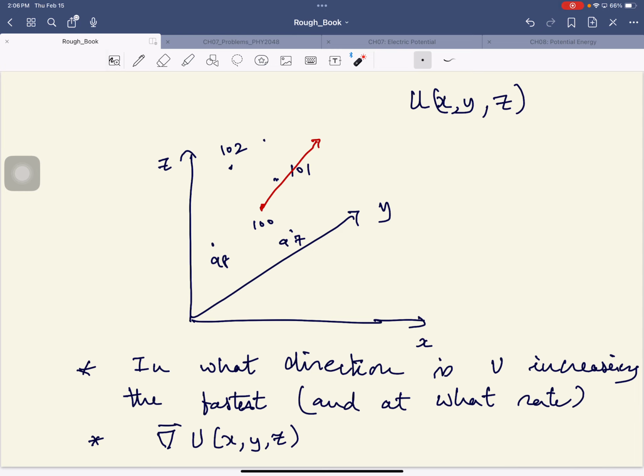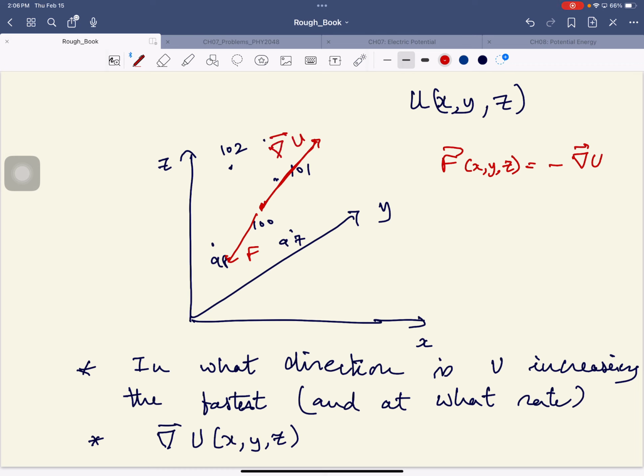So the gradient operator tells you at what rate and in what direction it's increasing the fastest. And of course, all that this guy is telling you is the force is in the opposite direction. Okay? So the gradient is in that direction, this is the direction of the force.